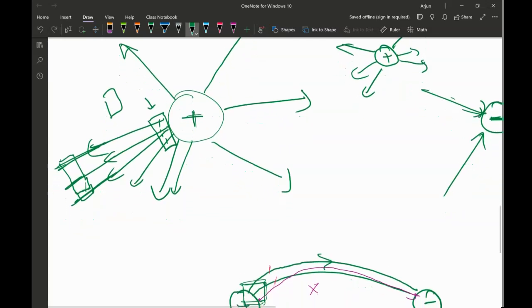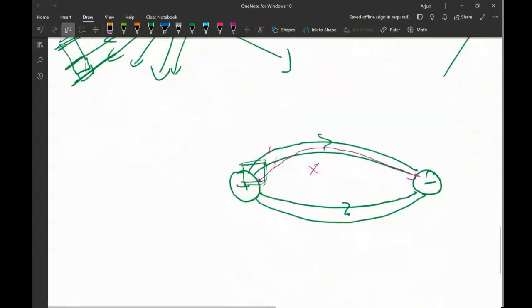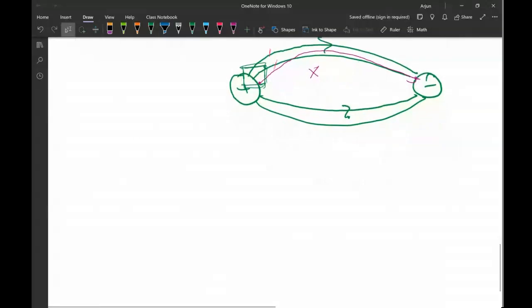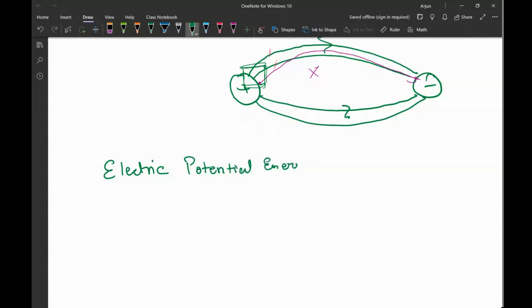Now, the next thing we're going to talk about is electric potential energy. Before I start, I'd like to recall the concept of simple potential energy.